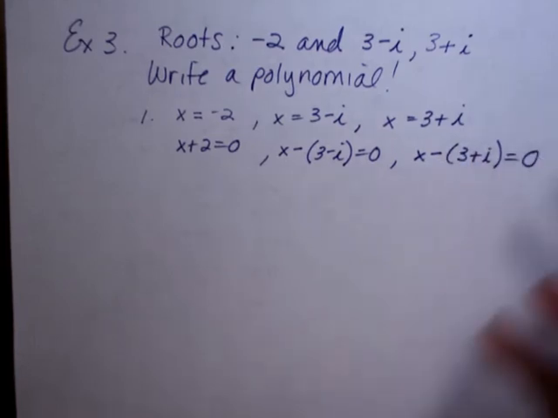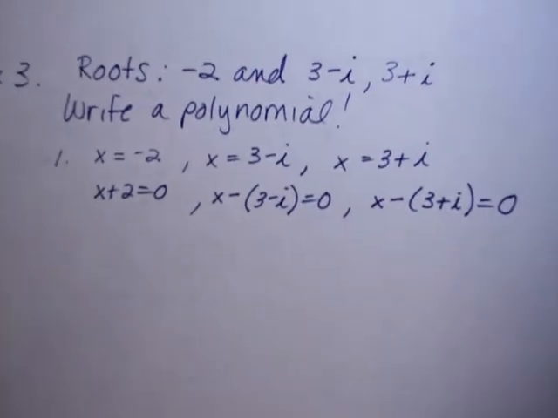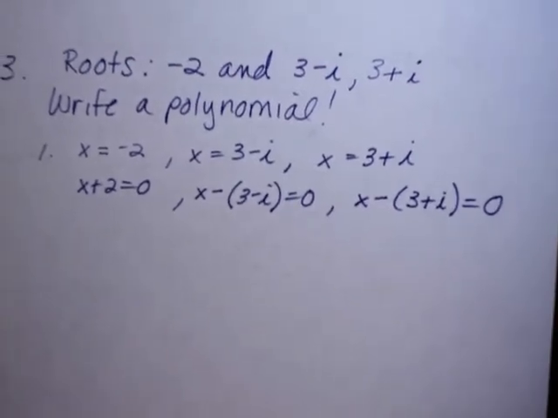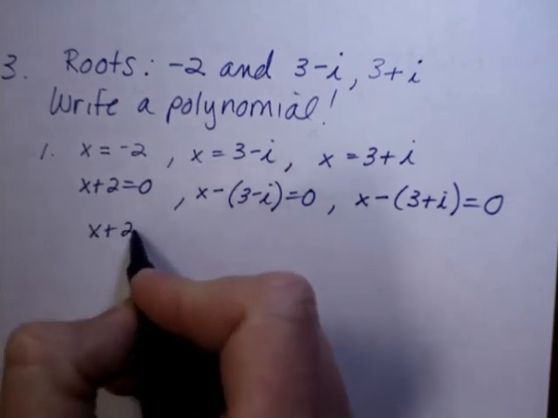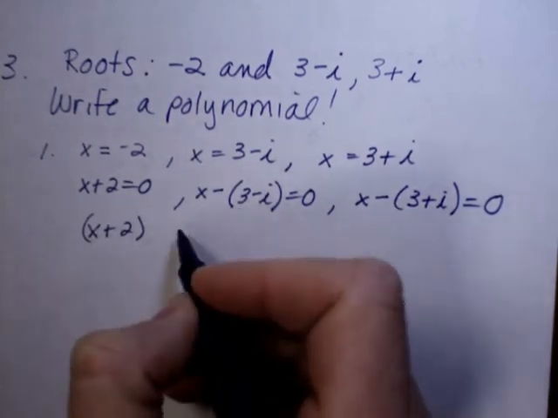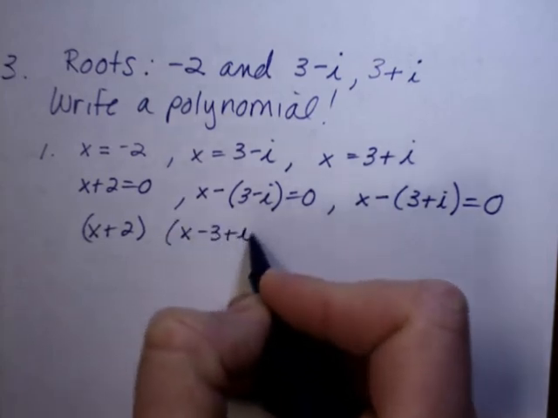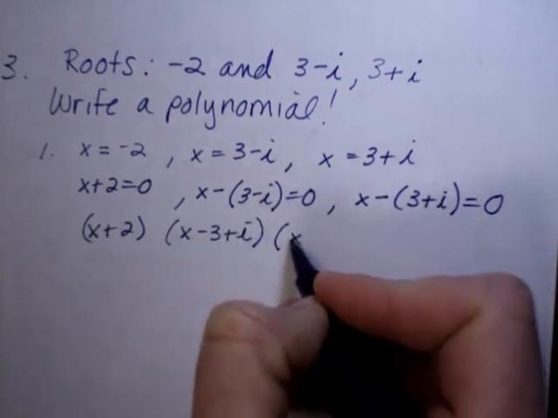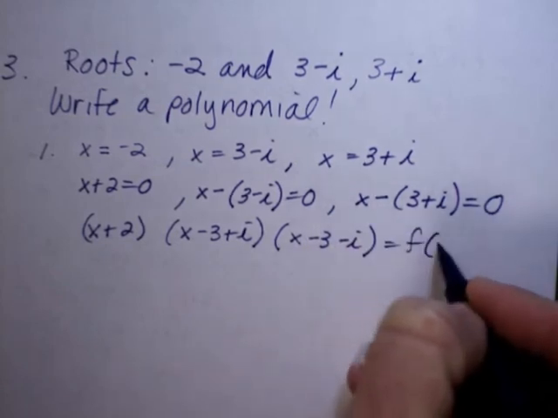And notice with those complex roots, I am subtracting the entire binomial. All right, so make sure that you do that. Okay? Here's one of our factors. Over here, one of our factors then becomes x minus 3 plus i. And the third factor, x minus 3 minus i, distributed the negative sign.